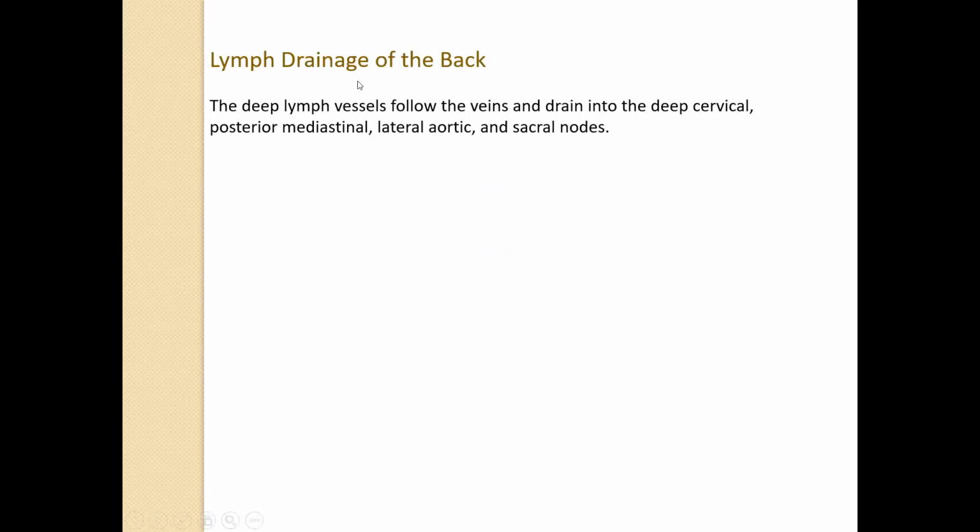So, when we talk about the lymph drainage of the back, all the deep lymph vessels follow the veins. And they basically drain into deep cervical, posterior mediastinal, lateral aortic and sacral nodes.